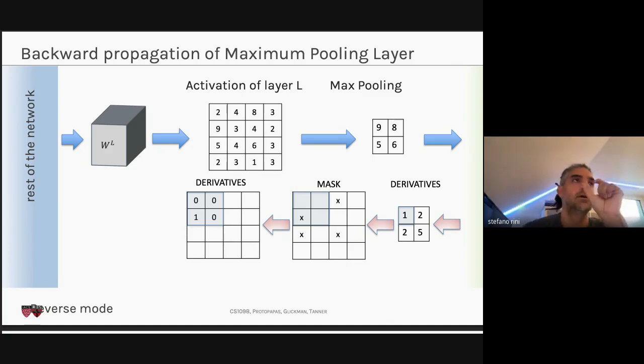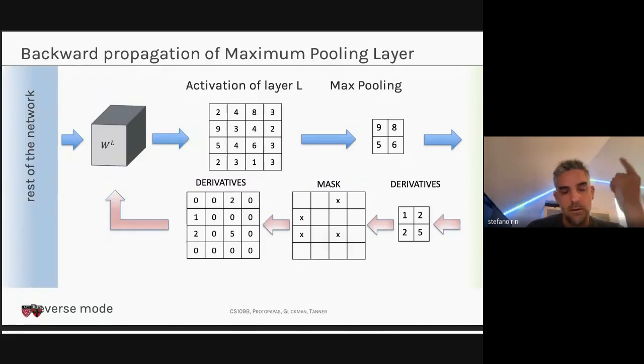So the derivative just is applied to the element that was selected by the max pooling, right? And also here we set the derivative to 0 with respect to all of the weights, but the ones where the max pooling was selected. Okay, and then this goes back to the weights of the connection of the filter, and then everything goes on.